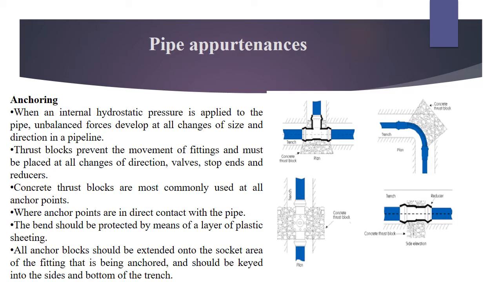Anchoring. When an internal hydrostatic pressure is applied to the pipe, unbalanced forces develop at all changes of size and direction in a pipeline. Normally, concrete thrust blocks are most commonly used at all anchor points.